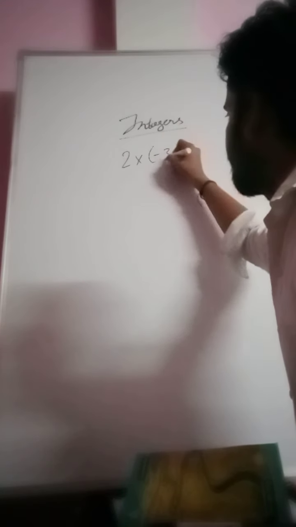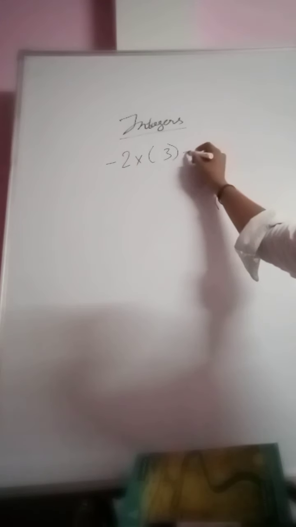Now since it is integers, I have to multiply some negative number. Let's see how we are going to multiply a negative number. If I say 2 into minus 3, or you can say minus 2 into 3, it means I have to add this minus 2 how many times? 3 times.